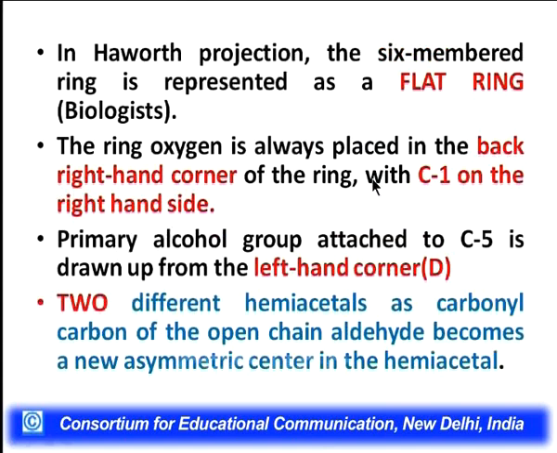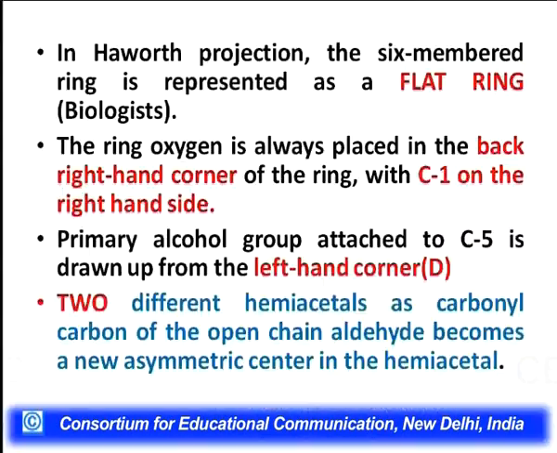Now when we talk of a Haworth projection, in this case we represent the six-membered ring as a flat ring, and in fact the six-membered ring is not flat, but biologists use it when representing the structure of DNA, RNA, starch, or cellulose.